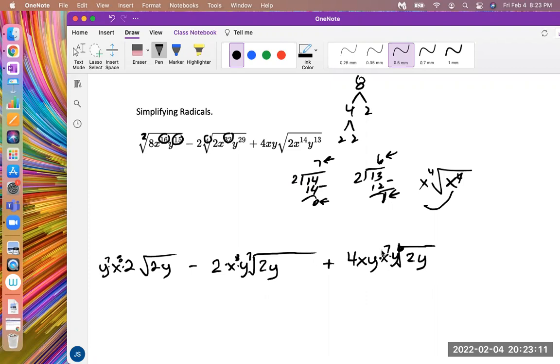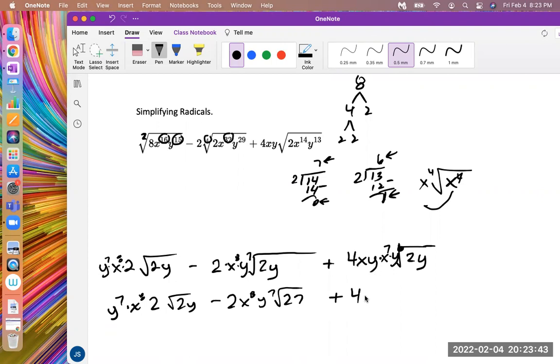So I'm going to now clean up this multiplication on the outside here, because I have x the first times x the 7th, which will be x the 8th. So I'll have y 7 x to the 8th times 2 times the square root of 2y, and then 2 times x to the 8th minus 2 times x to the 8th, y to the 7th times the square root of 2y plus, and now I'm just going to combine some of these all on the outside of the square root.